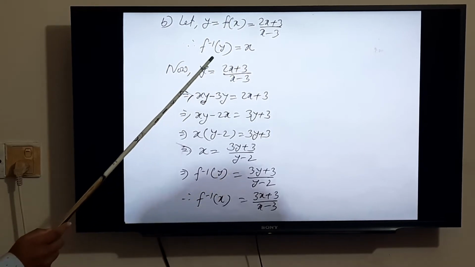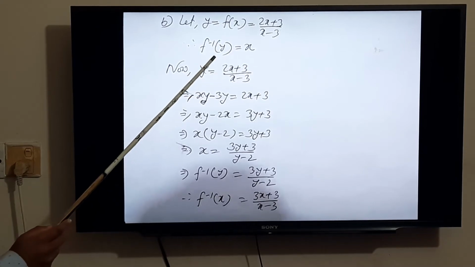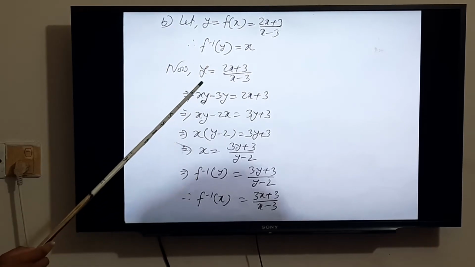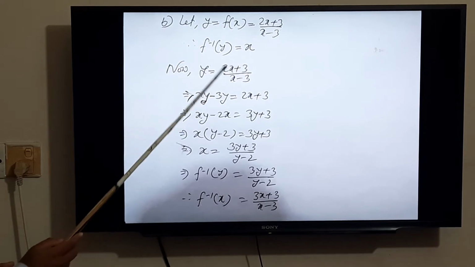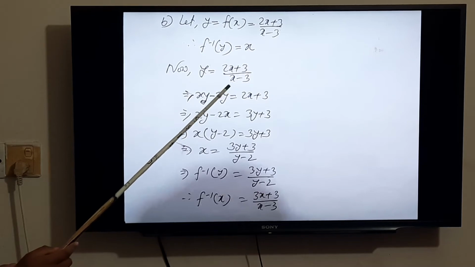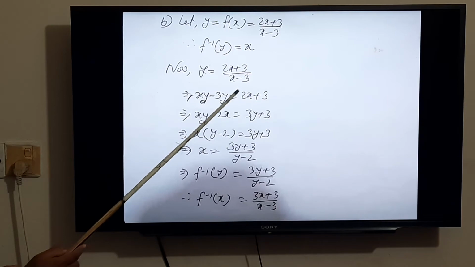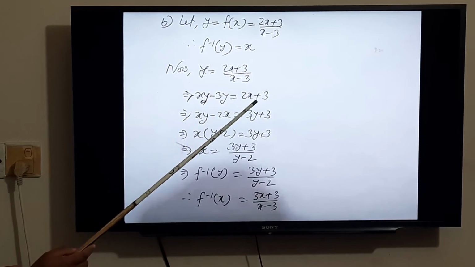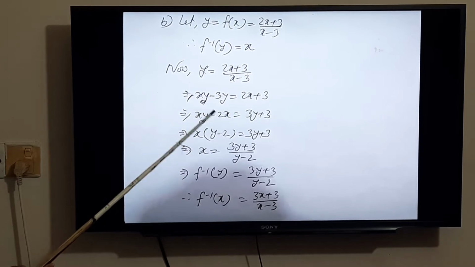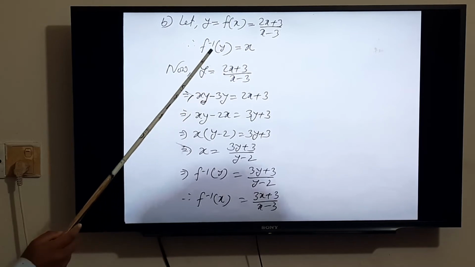Dear student, you have to mind it. x is equal to f inverse y. Note it carefully. Okay, now y is equal to this. By cross multiplication, xy minus 3y is equal to 2x plus 3. Then we need the value of x because x is equal to f inverse y.